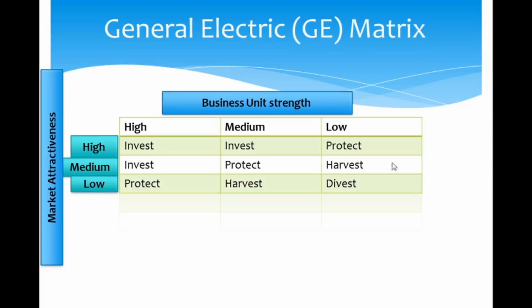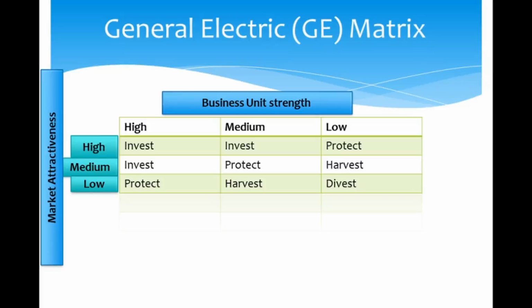Then is the last strategy, which is divest. Divest is usually suggested when the market attractiveness and business unit strength are both low. That is, the divest strategy is suggested when the business unit strength and the market attractiveness are very low.